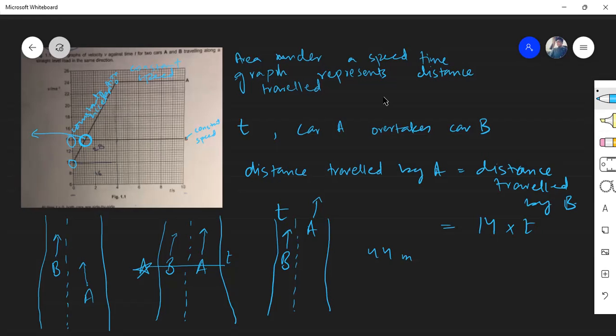This is 10. This is 24. 24 times 4. Oh no, no, no. 34 times 4 is 120.